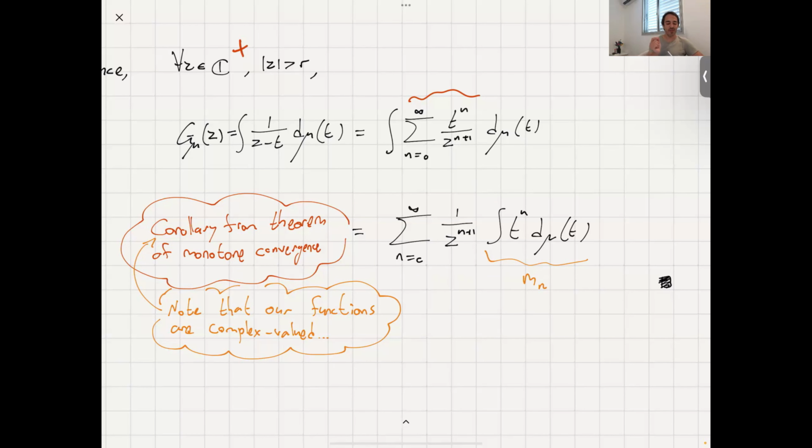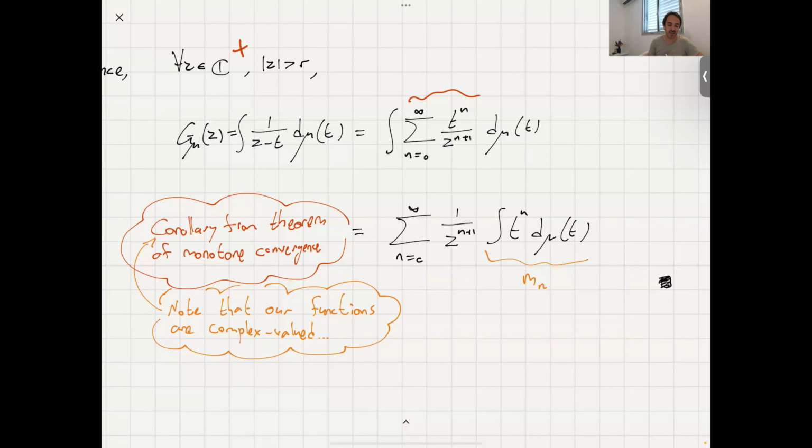Here it's slightly different, because we are talking about complex valued functions, and the monotone convergence theorem was about real valued functions. But you can easily prove a little variant where you only assume that the modulus is monotone increasing, or you can look at the real and imaginary values. I leave it to you.